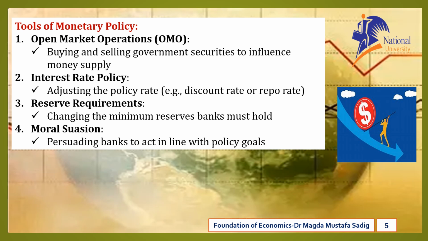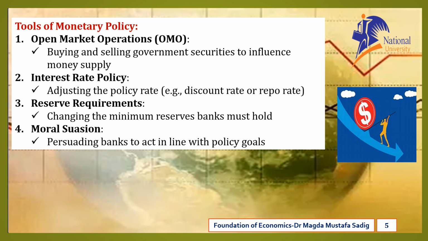When it sells securities, it withdraws money from the hands of the public, reduces money supply, and raises interest rates. Think of it as turning the tap of money flow on or off.